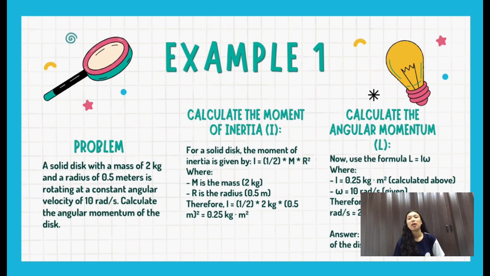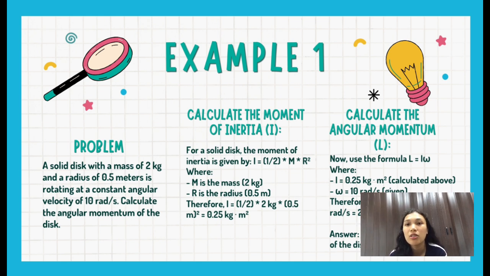Example number 1. Problem. A solid disk with a mass of 2 kg and a radius of 0.5 meter is rotating at a constant angular velocity of 10 radians per second. Calculate the angular momentum of the disk. So, calculate the moment of inertia. So, ato rang i-follow yung formula nga inertia equals 1/2 mass times radius squared.